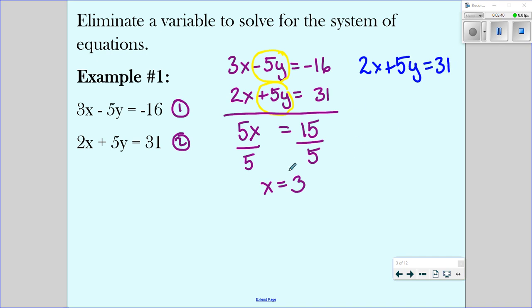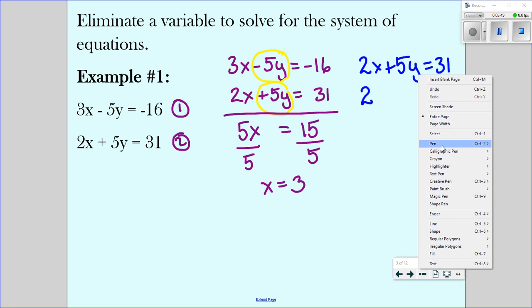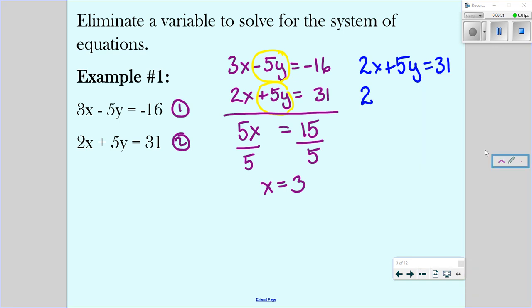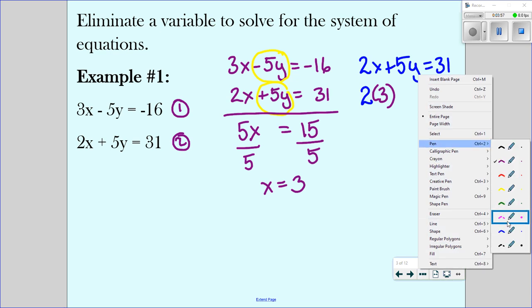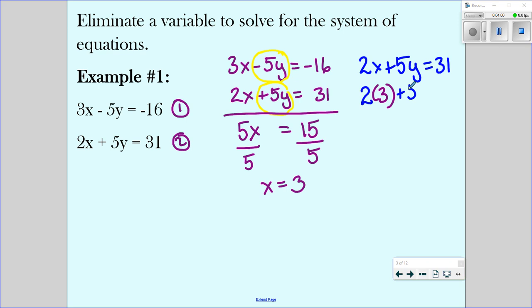And what I'm going to do, wherever there's an x, I'm going to replace or substitute that with a 3. So then I'll have 2 times 3, and I'll put that in purple so that way you know that this has been substituted. The x has been substituted for 3. And then I continue to solve for y. I simplify.